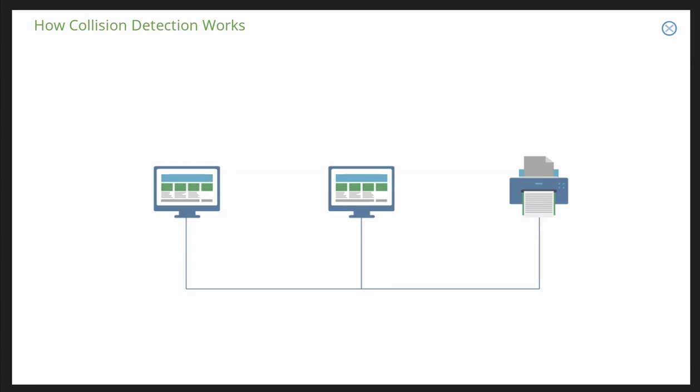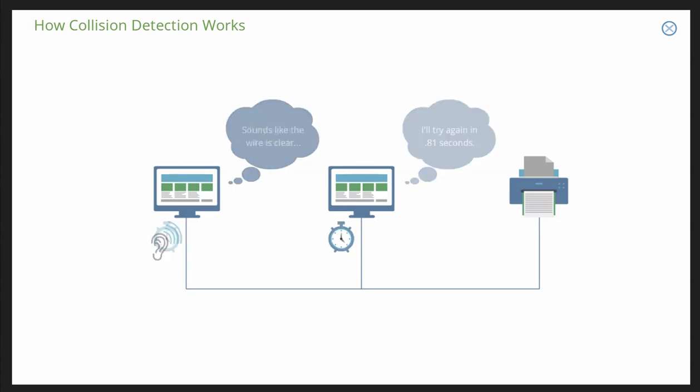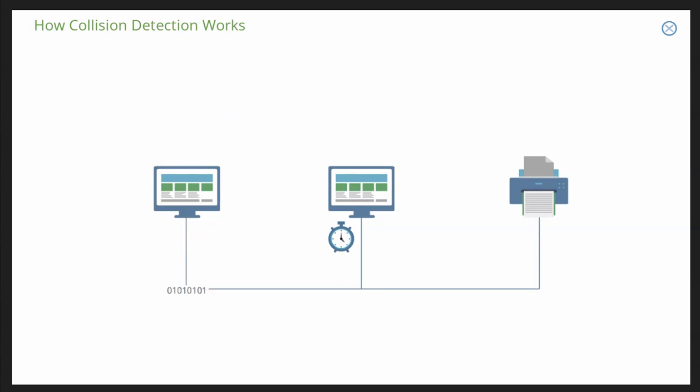The jam signal also causes all transmitters to set a random retransmission timer, reducing the probability of a collision when the first retry is attempted. When each device's timer expires, they begin the transmission process again, hopefully at different times. If another collision occurs, the timers are set to randomly longer periods of time until the frame is successfully transmitted.